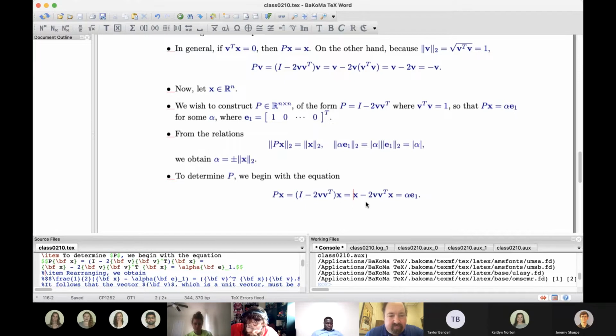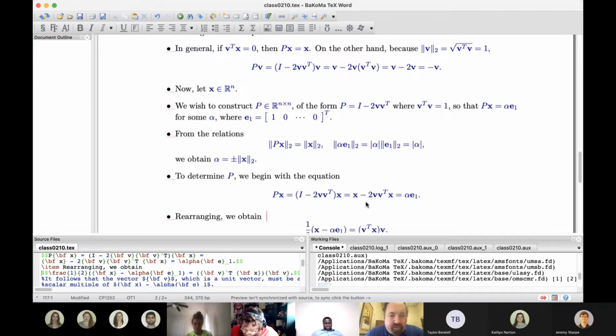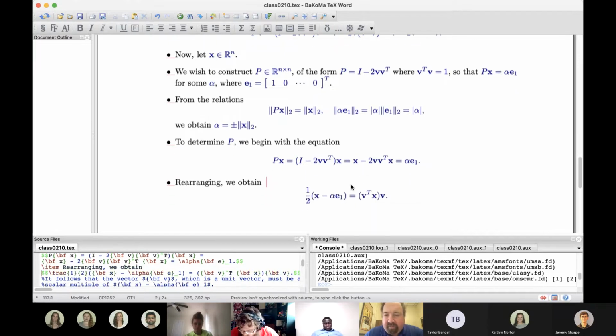So now, if I rearrange that, I move the alpha E1 over here, divide by 2, and then I have this V transpose X times V, because remember, V transpose X is an inner product.